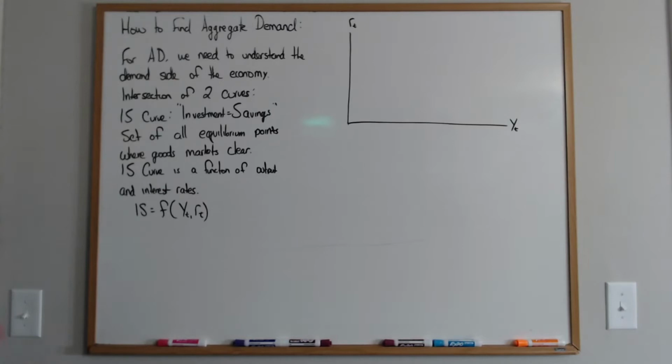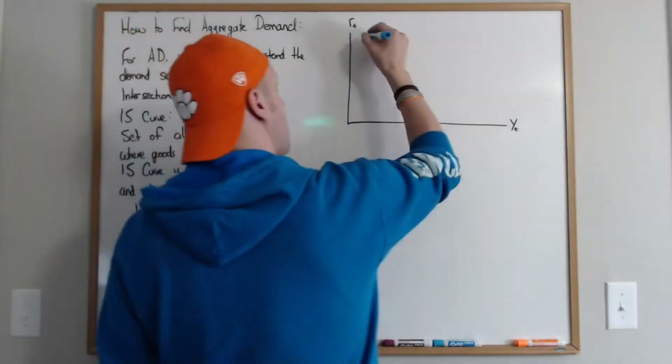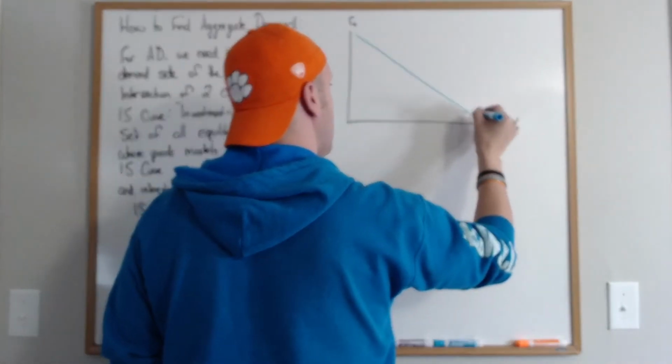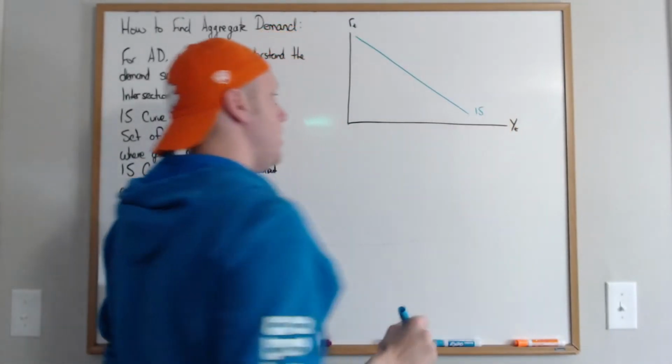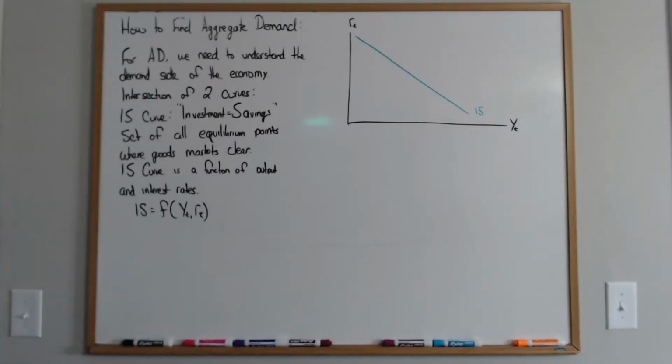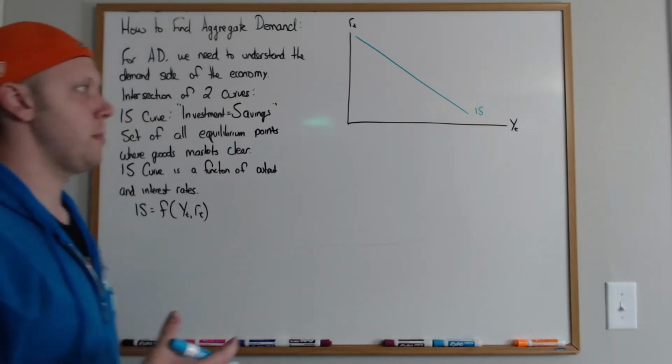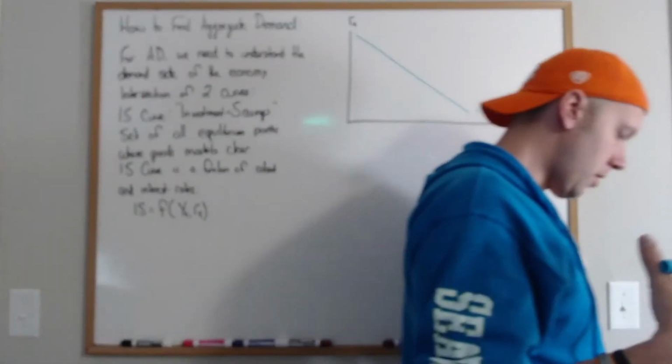Now, the IS curve, as you will see if you read through this stuff in the book, is a set of all interest rate and output combinations where goods markets clear. Therefore, the IS curve is downward sloping in interest rates, right?